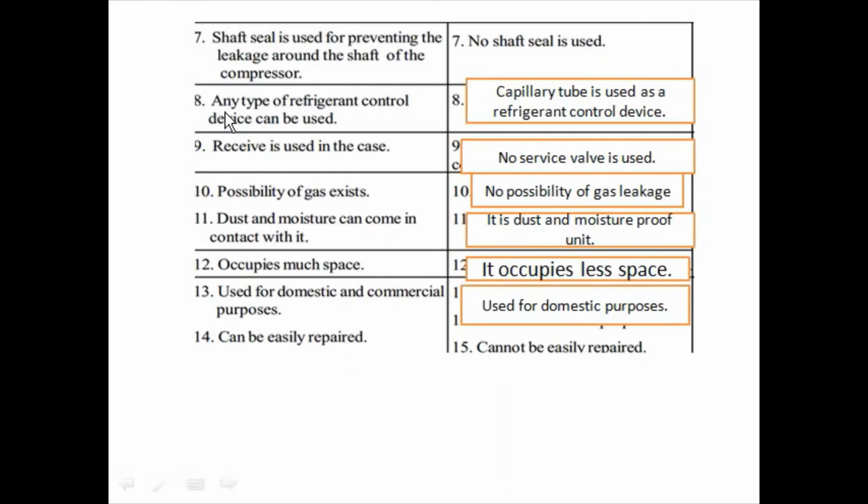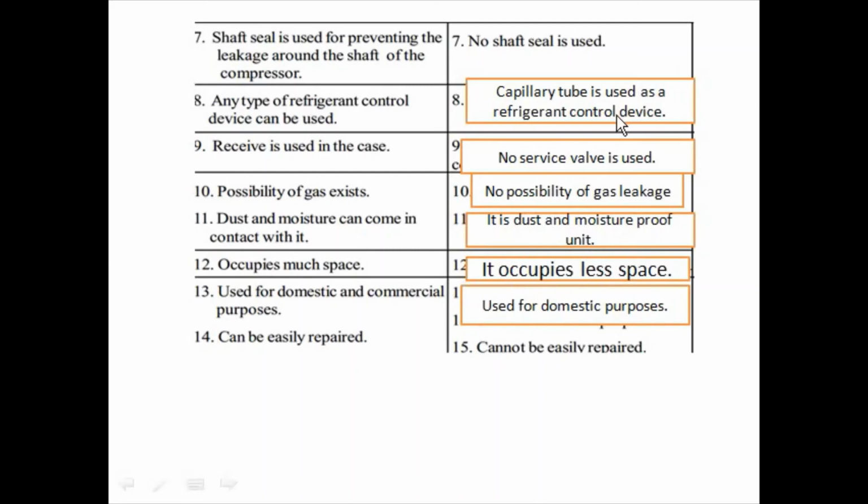Point 8. Any type of refrigerant control device can be used, while for sealed unit compressor, capillary tube is used as the refrigerant control device.